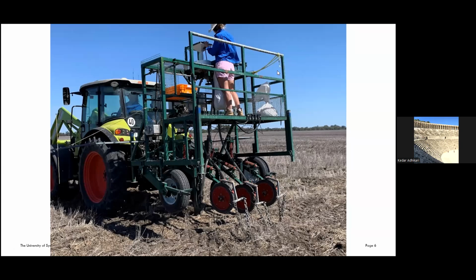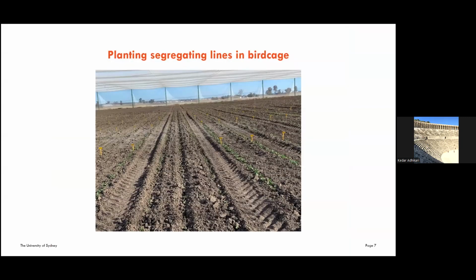The person here is sitting and pours the seed, and they have marked how far the tractor has to drive before changing the seed. This is how they can plant.